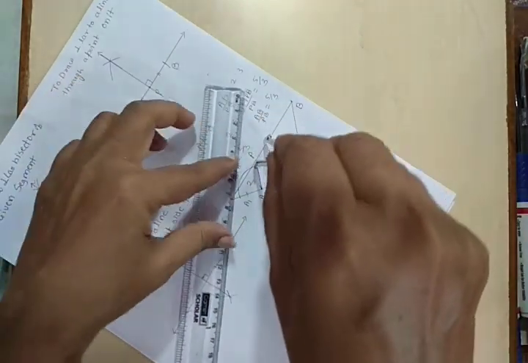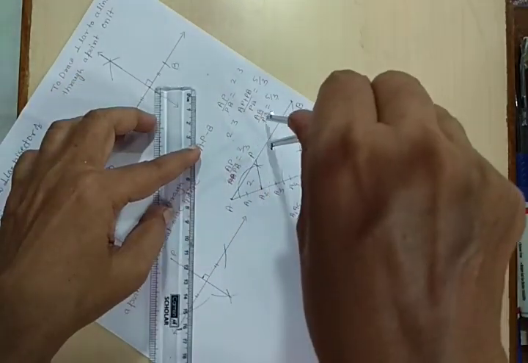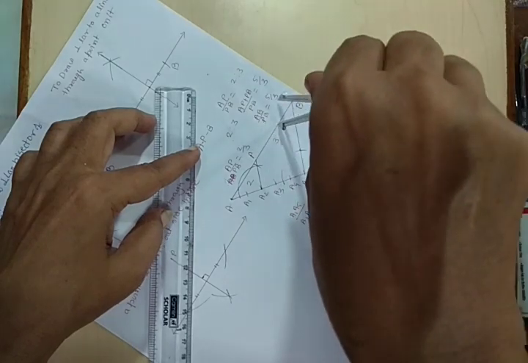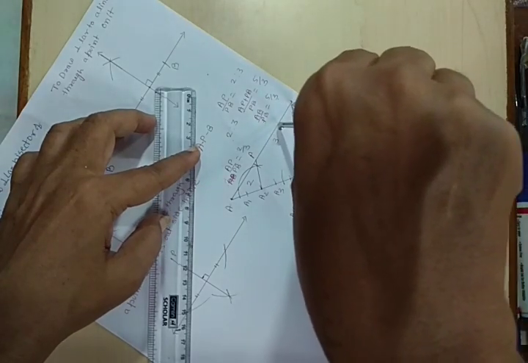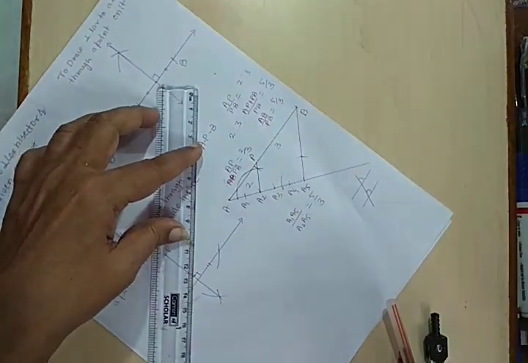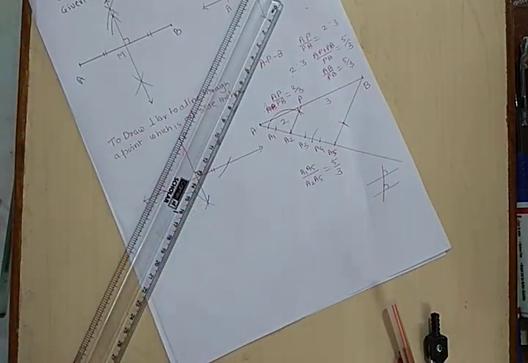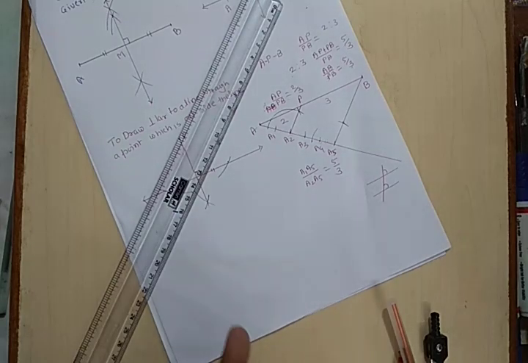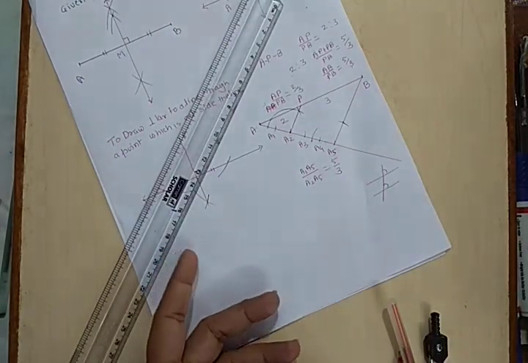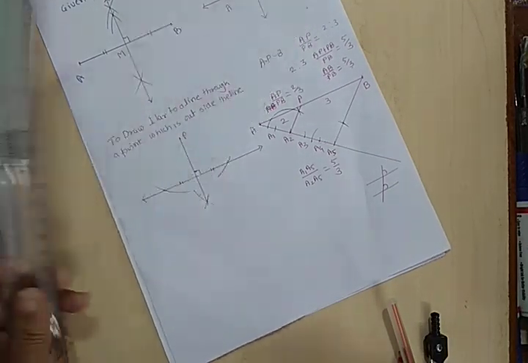Now further there could be 3 parts. Did you get it? So I have divided the given segment in the ratio 2:3. Next, here we have also learned how to draw the congruent angles.